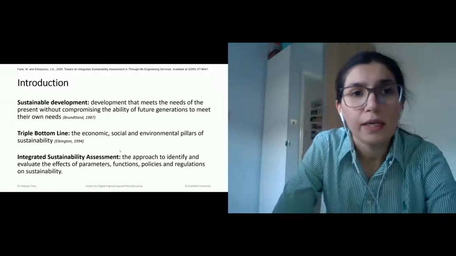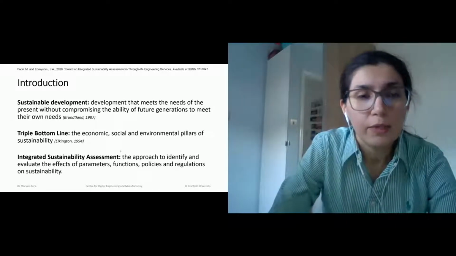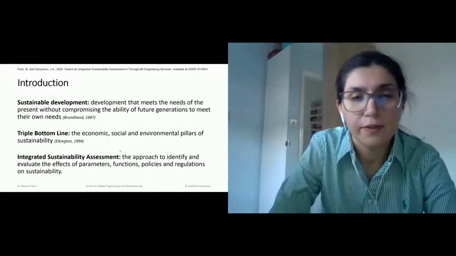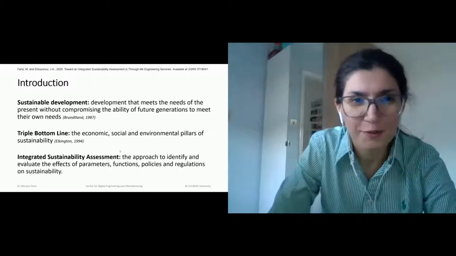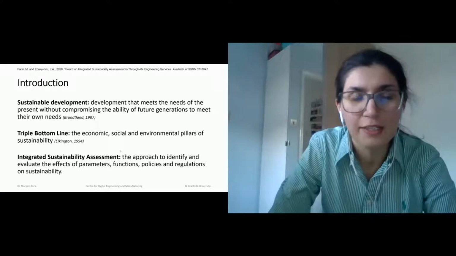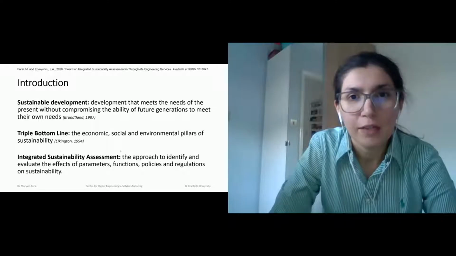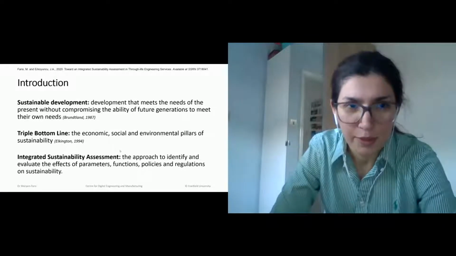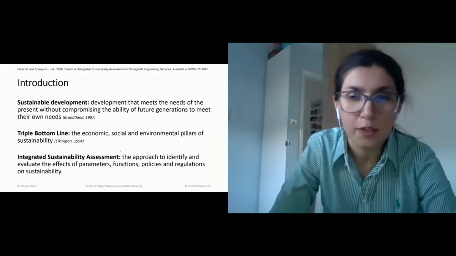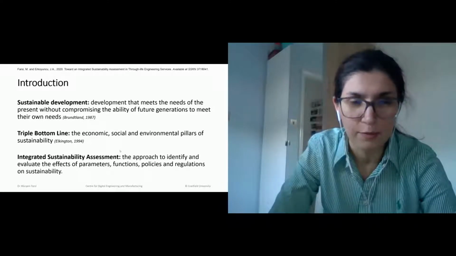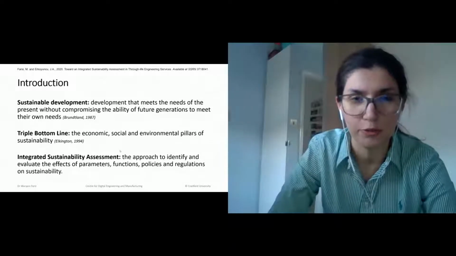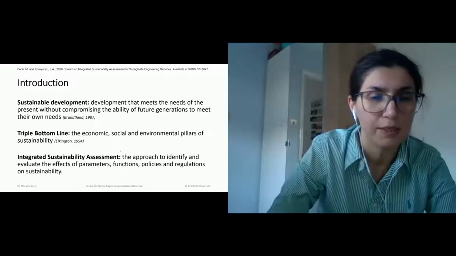If you're looking at the literature, when we are talking about sustainable development, the very first famous, well-known description of sustainable development comes from Brundtland in 1987, which described it as the development that meets the needs of the present without compromising the ability of the future generation to meet their own needs, which is very important to stick to when we are going to talk about integrated sustainability assessment.